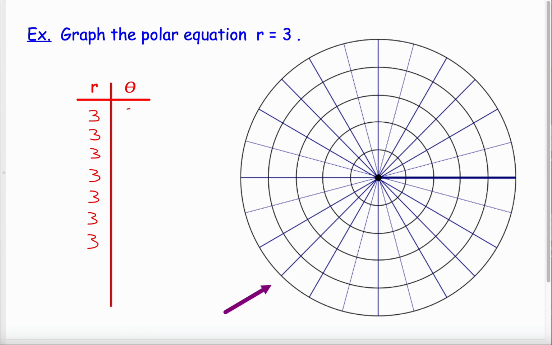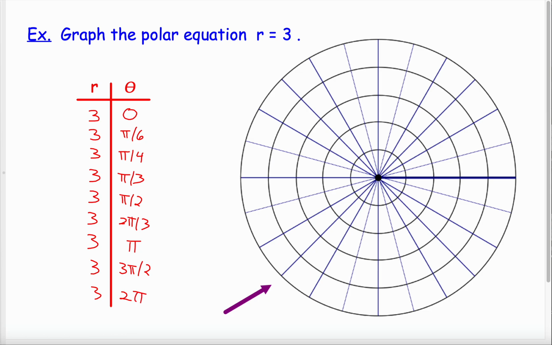So theta could be 0, or it could be pi over 6 if we're in radians, or pi over 4, or maybe pi over 3, or pi over 2, or 2 pi over 3, maybe pi. Let's go even faster. How about 3 pi over 2? Hey, how about 2 pi?